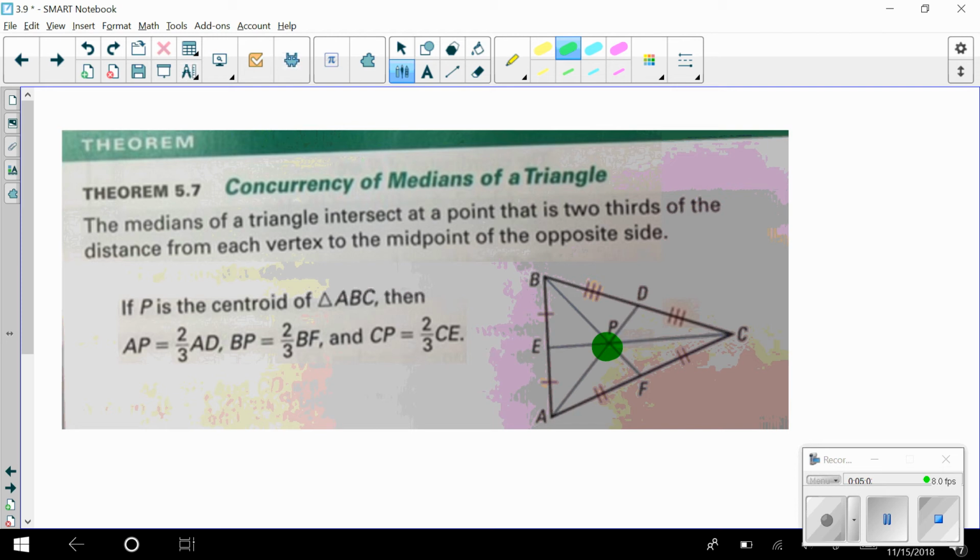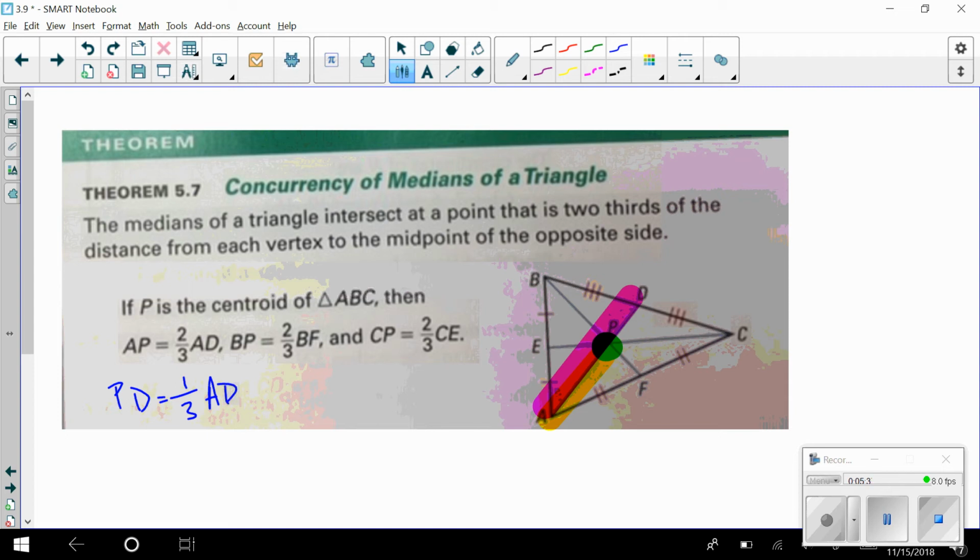So if P is the centroid in this triangle, ABC, then the distance from A to P is 2/3 the distance of the whole thing. And the distance from P to D is 1/3 of the entire median.